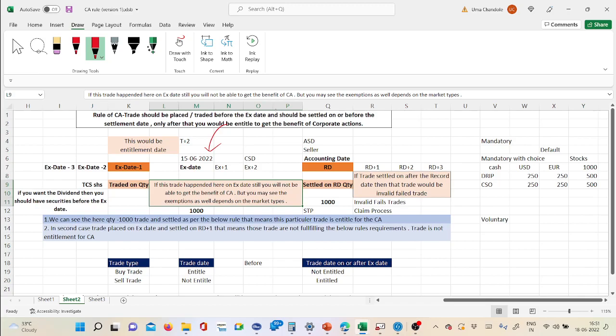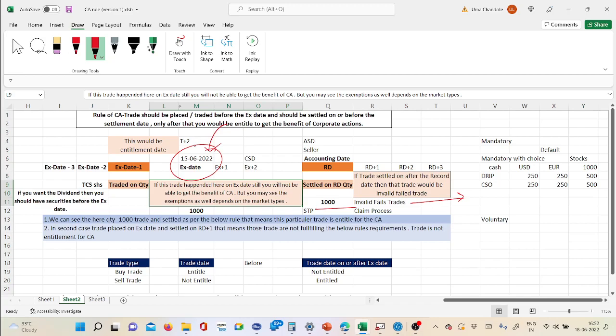Because the rule, which is a centralized rule, is that the security should be traded before the ex date, but here you have traded the security on the ex date. We consider these as invalid failed trades. In such a case, your positions are not entitled to get the benefit.